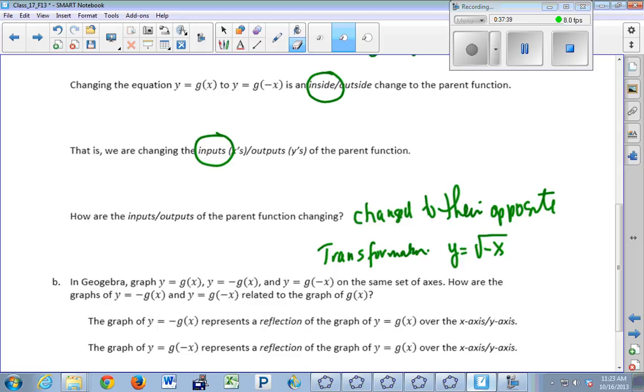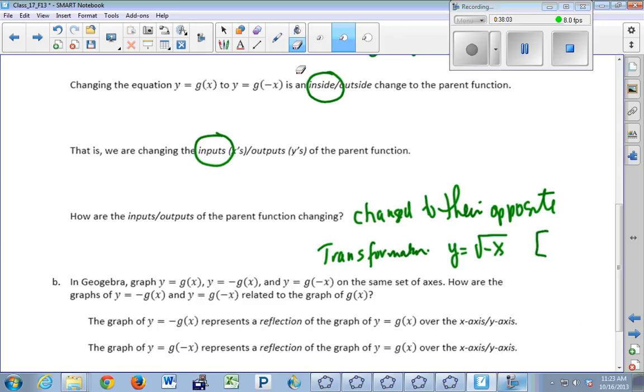What's your domain here? We can't keep our original domain. Our original domain was non-negative numbers. If I put a 2 in here, I can't take the square root of -2. So my domain has to be changed in order to evaluate this function.